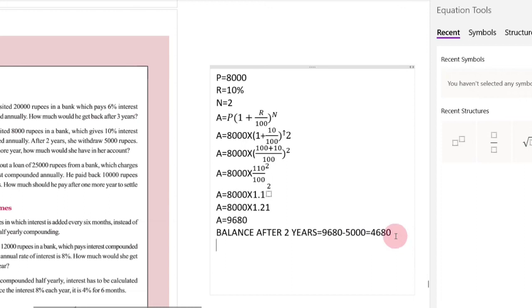Then that year she got 10% interest on only 4680 rupees.